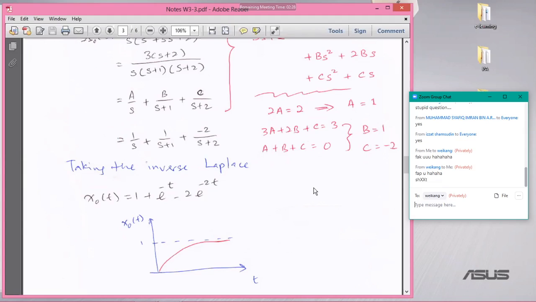We are going to learn that next week. It is called the residue method. I always call it the residue, the remainder method. So we are going to learn that next week.